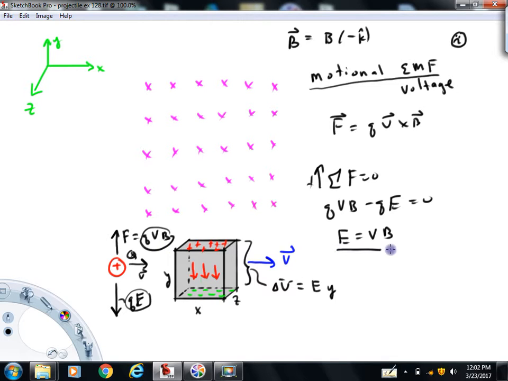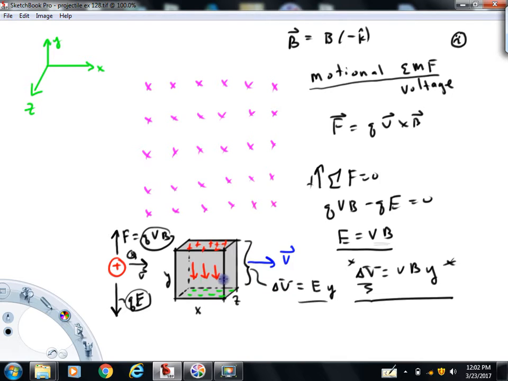By combining these two equations, we basically can get an expression that gives the voltage difference between the top and the bottom of the block. Since the voltage is the electric field times distance, and the electric field is given by velocity times magnetic field strength, here's an equation that tells us the potential difference between the top and bottom of this conductor.